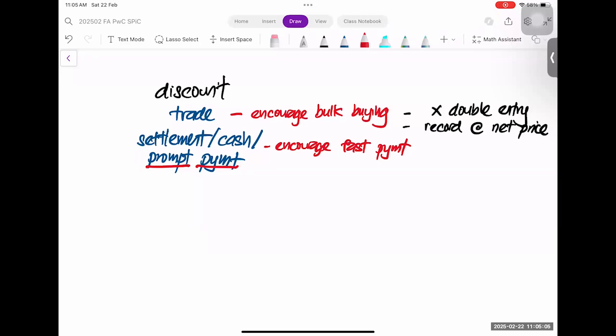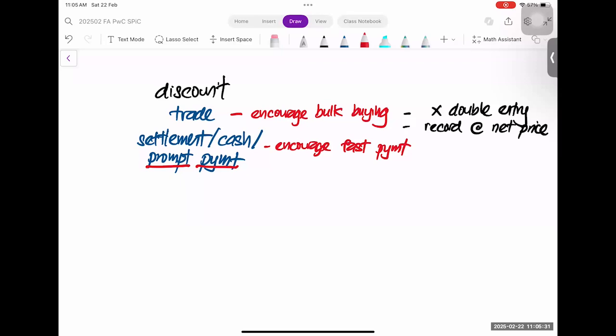It's normal in doing business. But although you allow people to pay you later, of course you want them to pay you as early as possible. So how do you encourage people to pay you fast? By offering what we call settlement or cash or prompt payment discount.